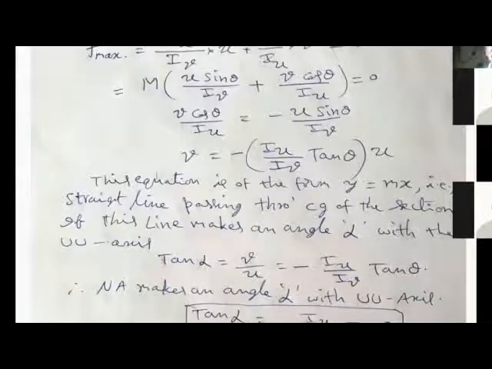Then theta is the angle made by the YY axis with VV, or XX axis with UU, right? So using these values, you can calculate tan alpha and alpha, the angle made by the neutral axis with the UU axis. Now let us take a simple example.